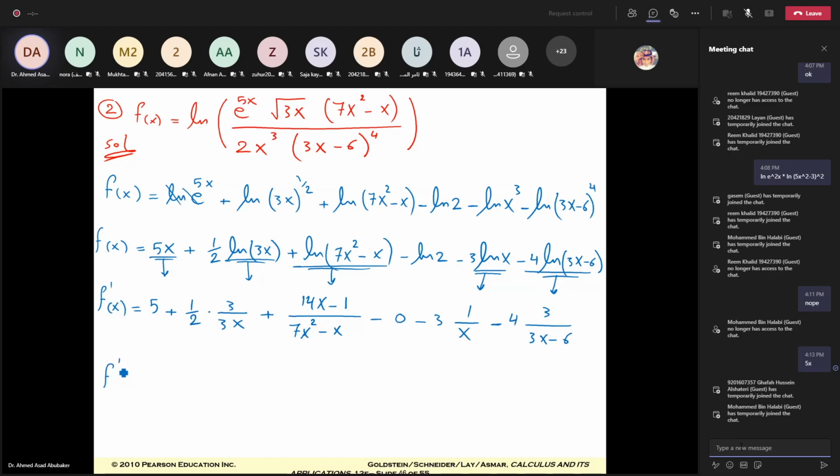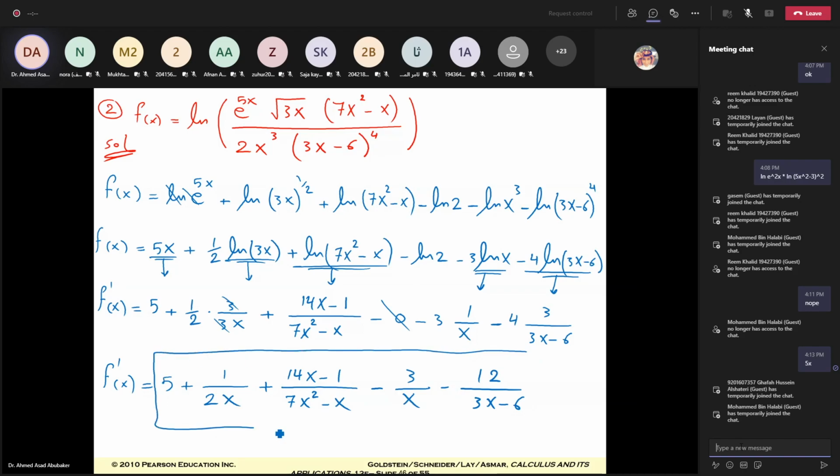To simplify more, remove 3 with 3, so we have 1 over 2x plus 14x minus 1 over 7x squared minus x, minus 3 over x, minus 12 over 3x minus 6. This is the first derivative of f of x.